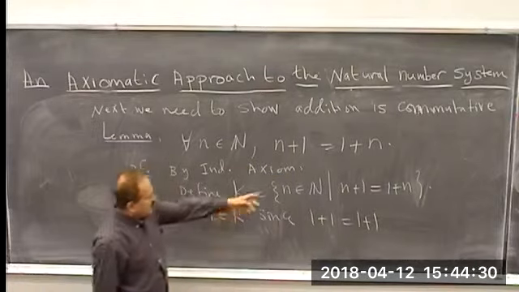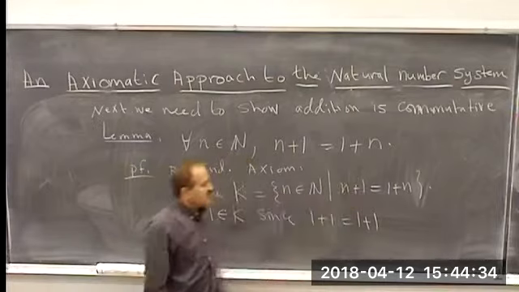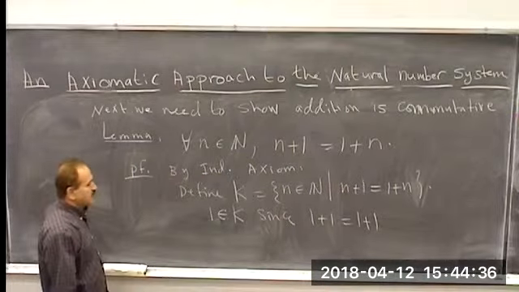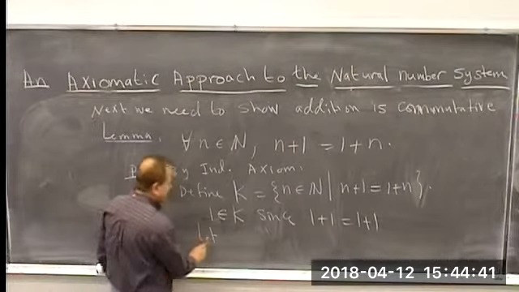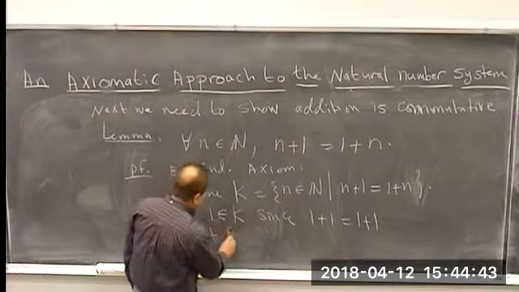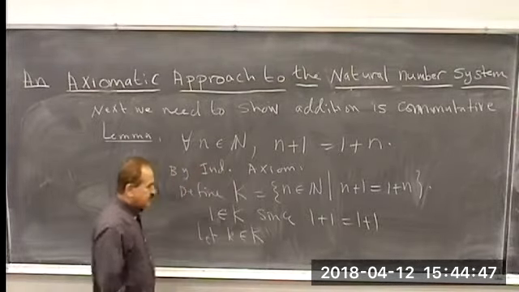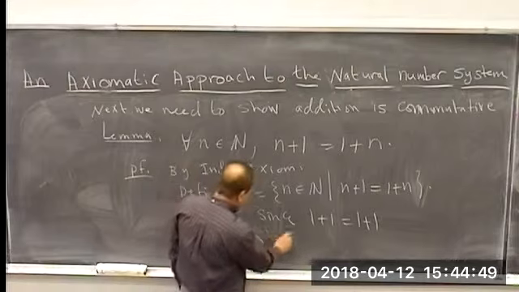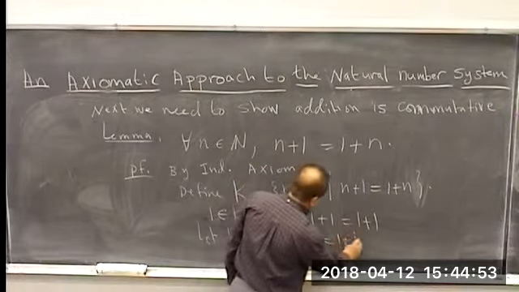Now when I'm taking the n in here to be 1, all right, because it satisfies this condition, so it does belong to K. So next we assume that actually k belongs to K. This implies that k plus 1 is going to be equal 1 plus k.